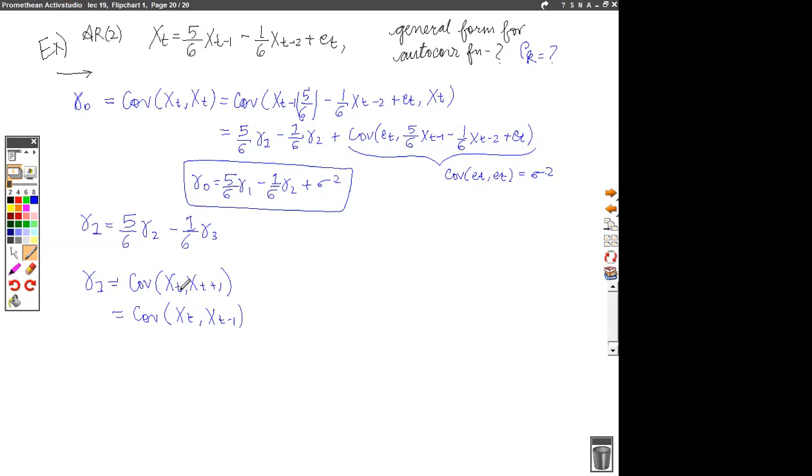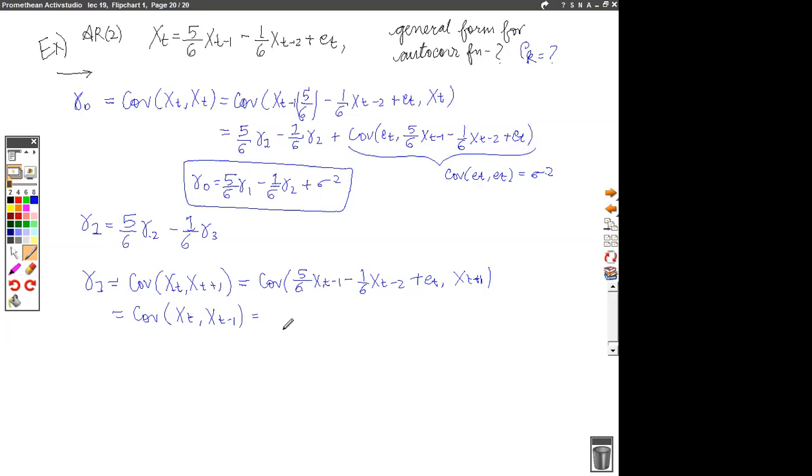If I write it as the covariance of xt comma xt plus 1, and I expand my xt, I get 5/6 xt minus 1 minus 1/6 xt minus 2 plus et, comma xt plus 1. You will get the answer that Sakshi just told us: 5/6 gamma 2, which is exactly the difference between xt minus 1 and xt plus 1, and minus 1/6 gamma 3.